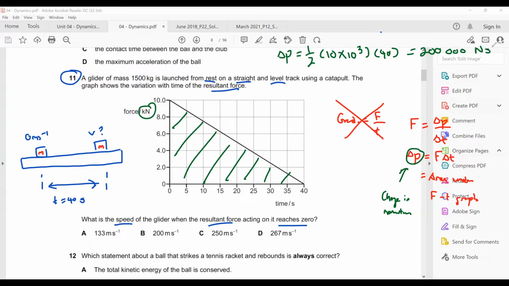Now you will notice that I always like to write the unit of momentum as Newton second. It's actually the same as kg meter per second. Just one thing for you to know. Newton second is momentum. The change of momentum is 200,000 Newton second.